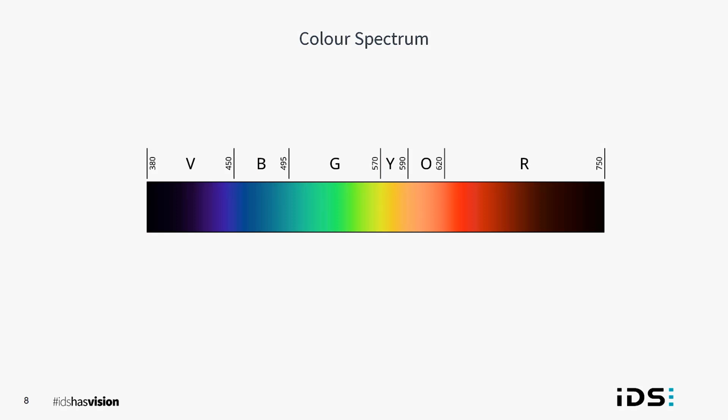Colour is a spectrum. We know that blue wavelengths are around 380 to 500 nanometers, green and yellow 500 to 570 nanometers, and oranges and reds are 570 to 700 nanometers, and the nearer infrared beyond this. And we can measure this.